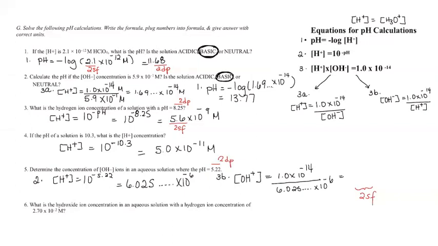So when I take 1.0 times 10 to the negative 14 and divide it by that large number, and we round to 2 Sig Figs in the coefficient, what did you guys get? 2 Sig Figs, not 2 decimal places. 1.7 times 10 to the negative 9 molar.